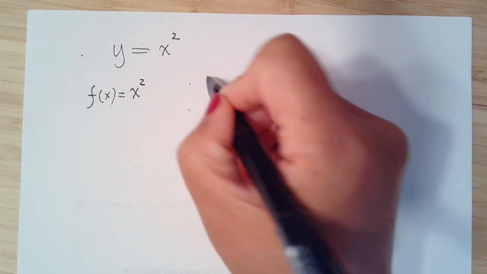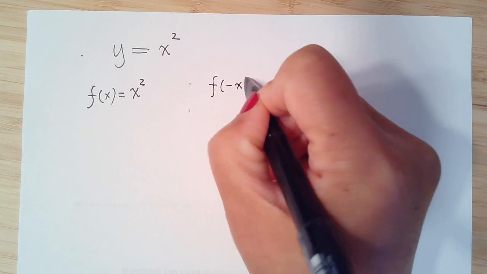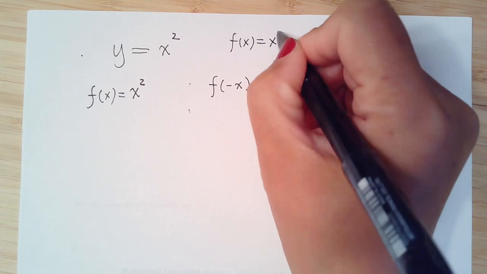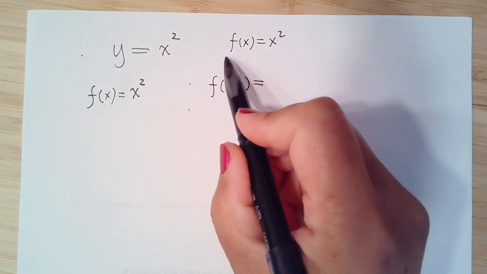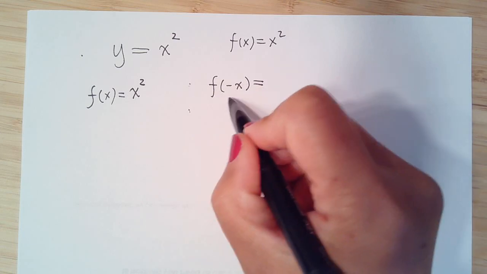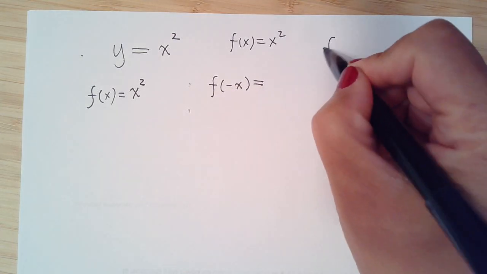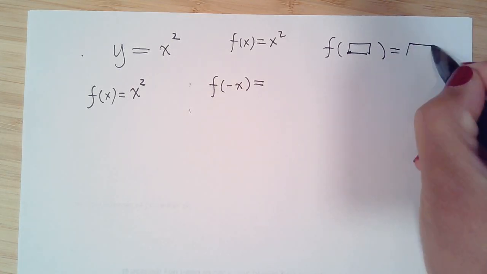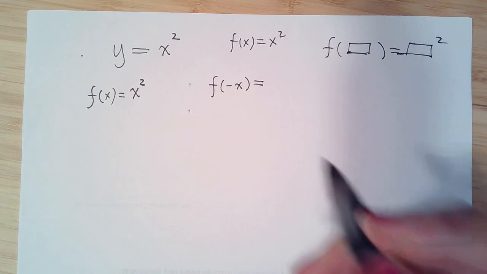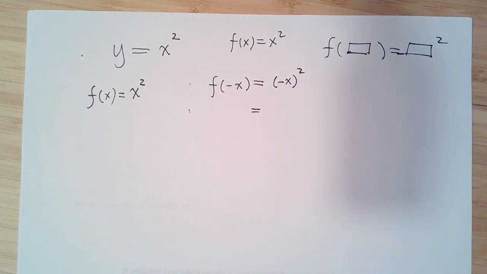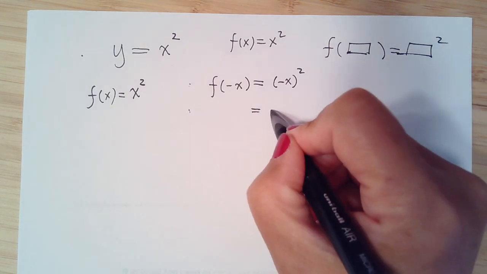And f of negative x: remember f of something equals something squared. So f of negative x will be negative x squared, which is negative x times negative x. Negative negative becomes a positive, so you have x squared.